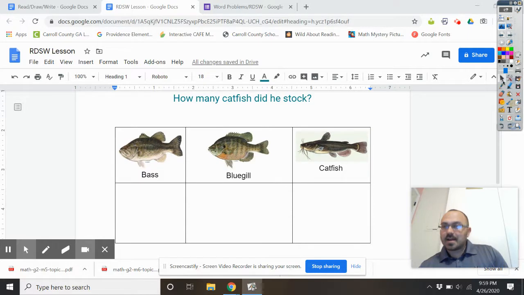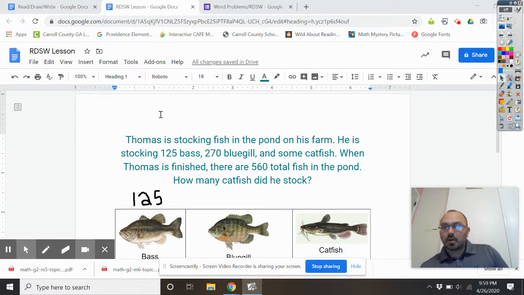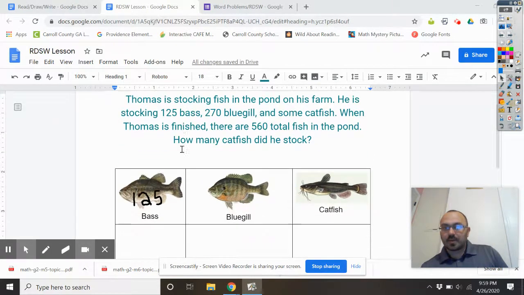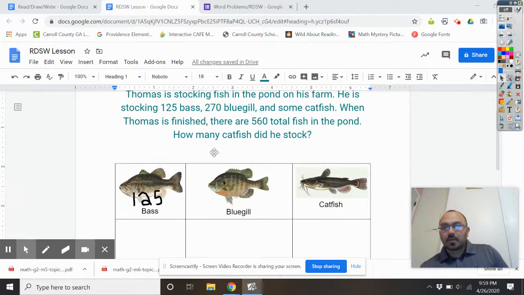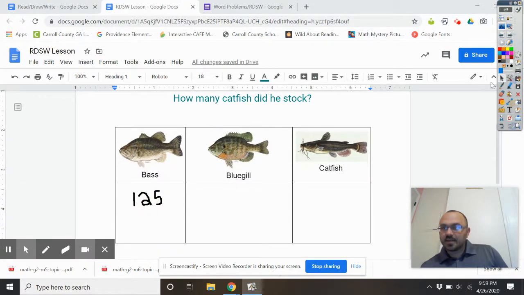So right here, I need to add 125 bass. Now, where did that come from? From the word problem, 125 bass. Well, go back up. How many bluegill? 270. So I need to write in 270 bluegill.